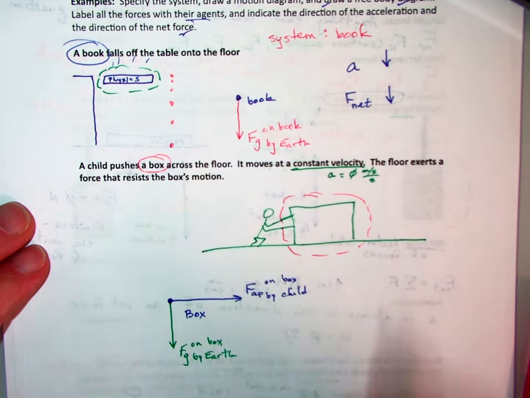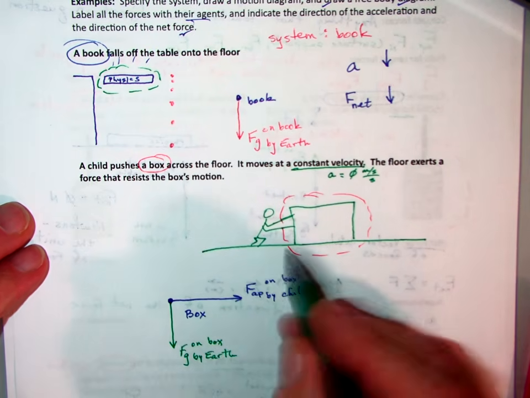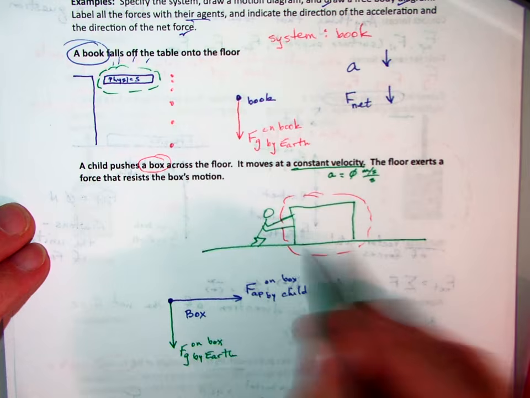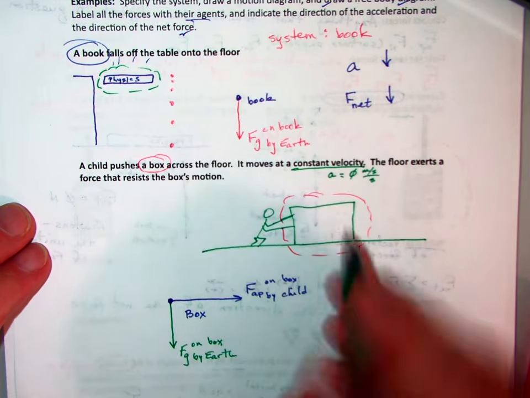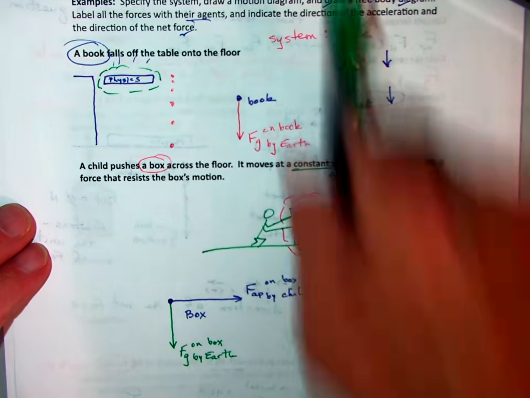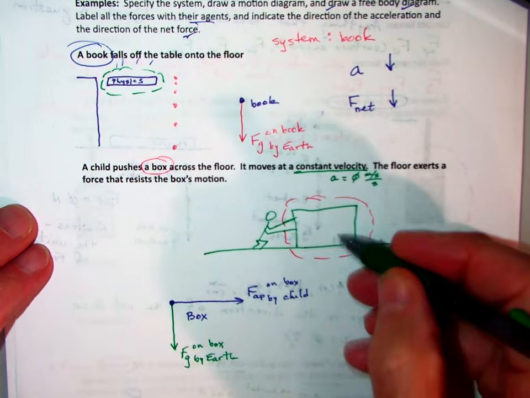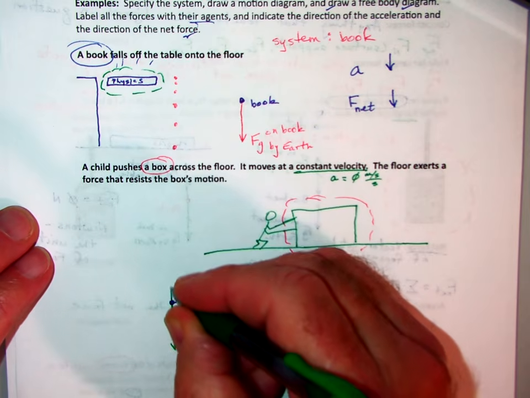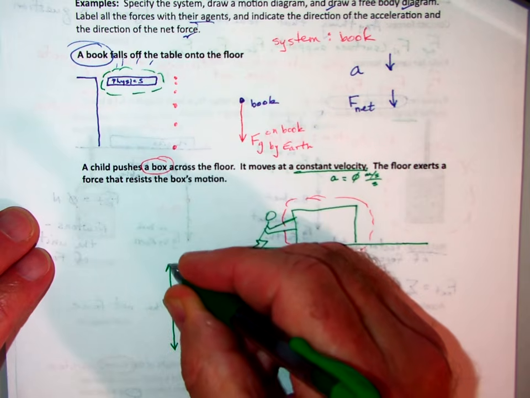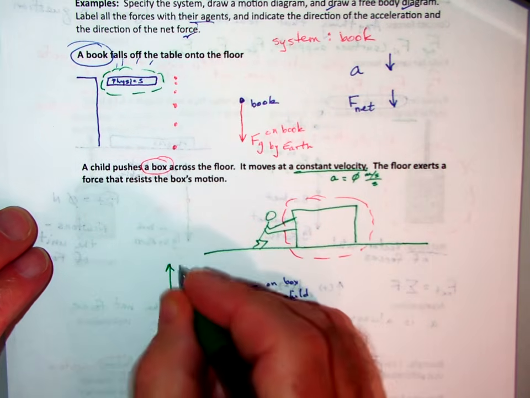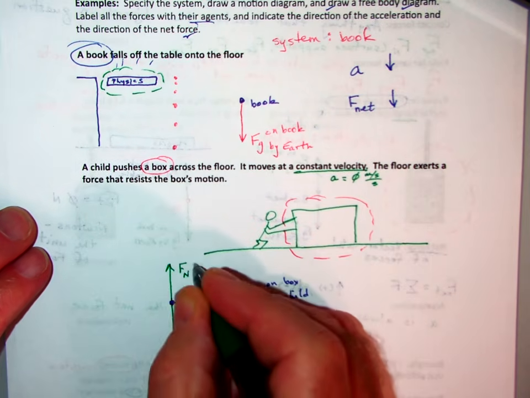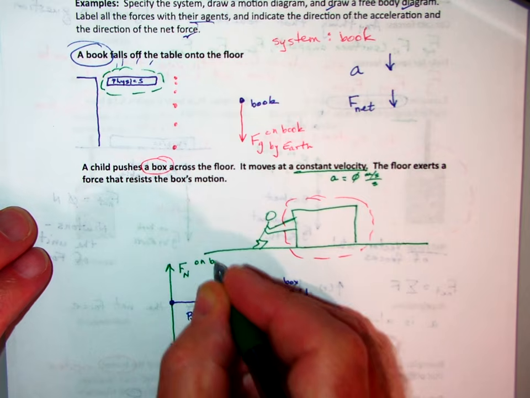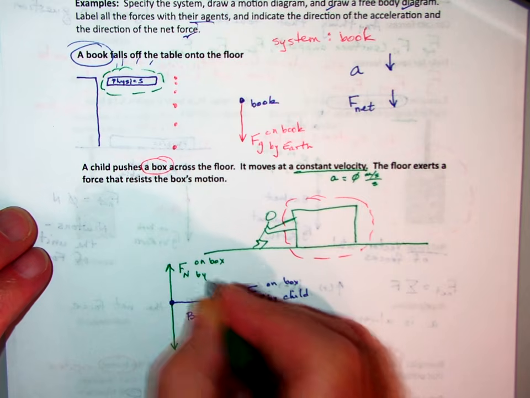And just like we'd seen in the book on the table, the floor here exerts a normal force upward. So Earth exerts a gravitational force downward on this box. The floor exerts an upward force. Again, we call that the normal force on the box by the floor.